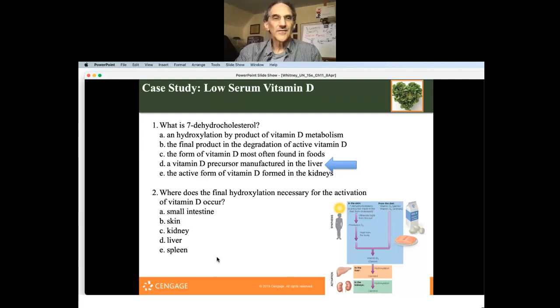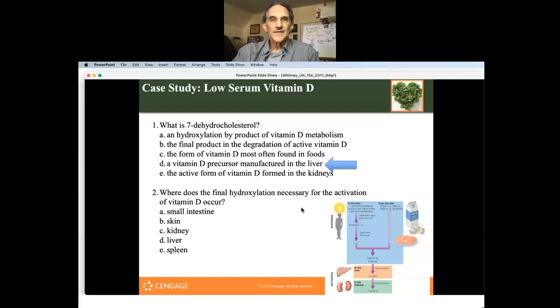All right, where does the final hydroxylation necessary for activation of vitamin D occur? We know that we synthesize vitamin D, but with the help of the sun. That's at least a portion of our vitamin D, probably the majority for most people.